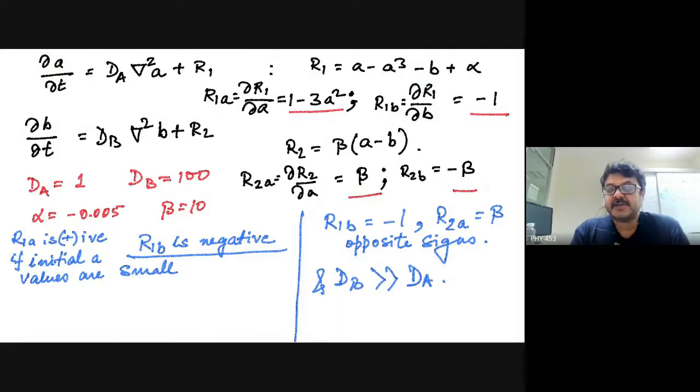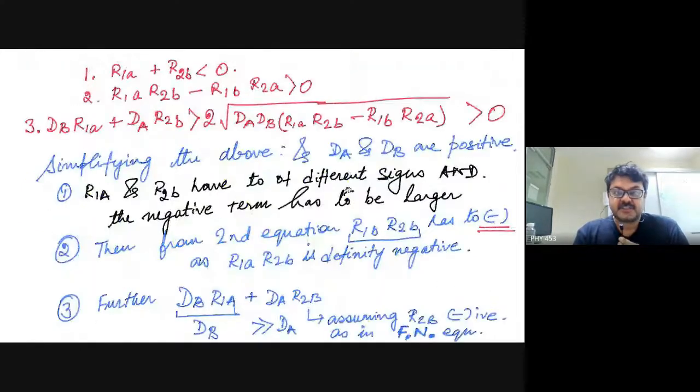D is the inhibitor. Moreover, I think R2A and R1B were supposed to be of opposite signs. That is also the criteria, which is basically R1B and R2A.